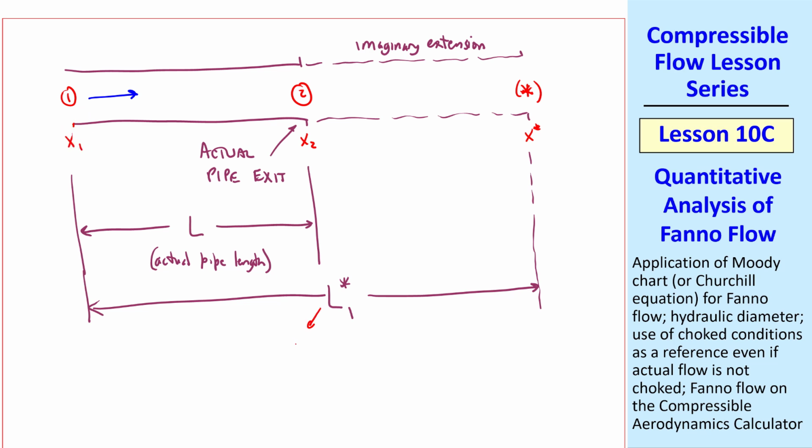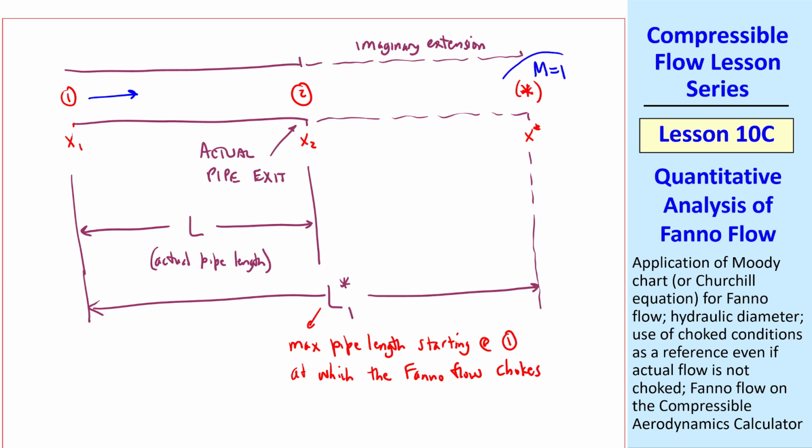This L star 1 is the maximum pipe length starting at 1, and that's the location at which the Fanno flow chokes. In other words, Mach number is 1 at this critical state if we extend the pipe to L star 1 as I show here.